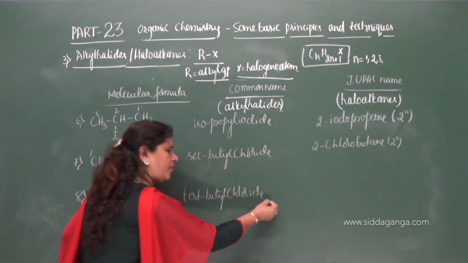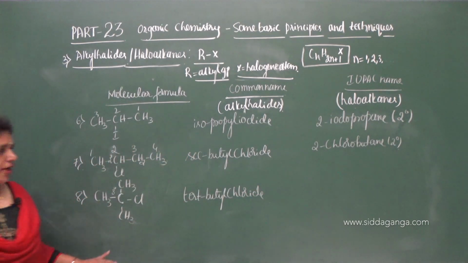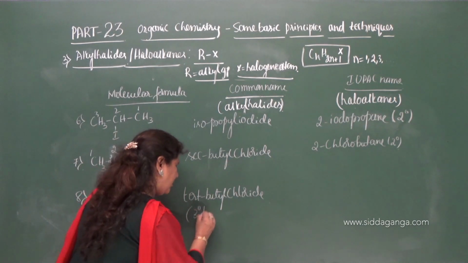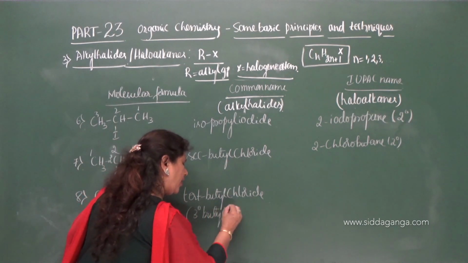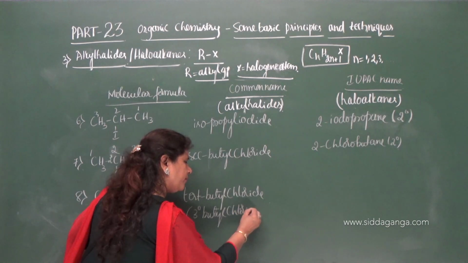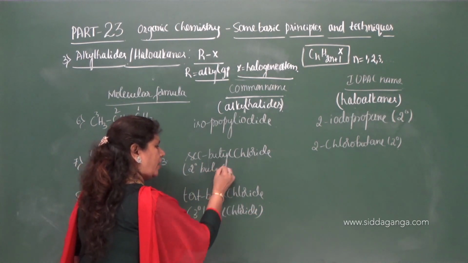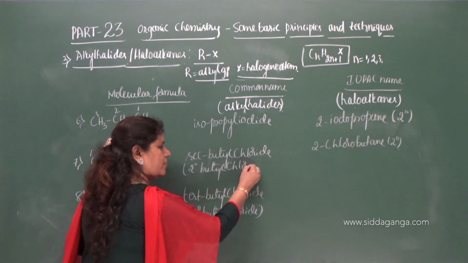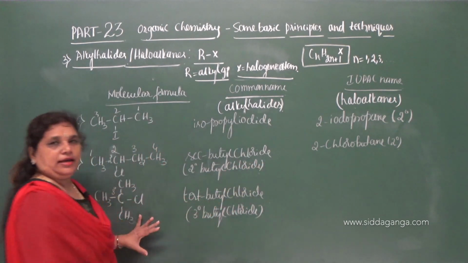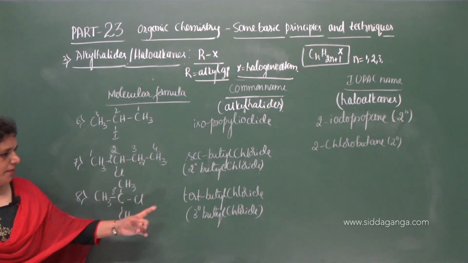Very important compound, tertiary butyl chloride. You can also write it as 3-degree butyl chloride, and here you can write 2-degree butyl chloride. 2-degree indicates secondary.